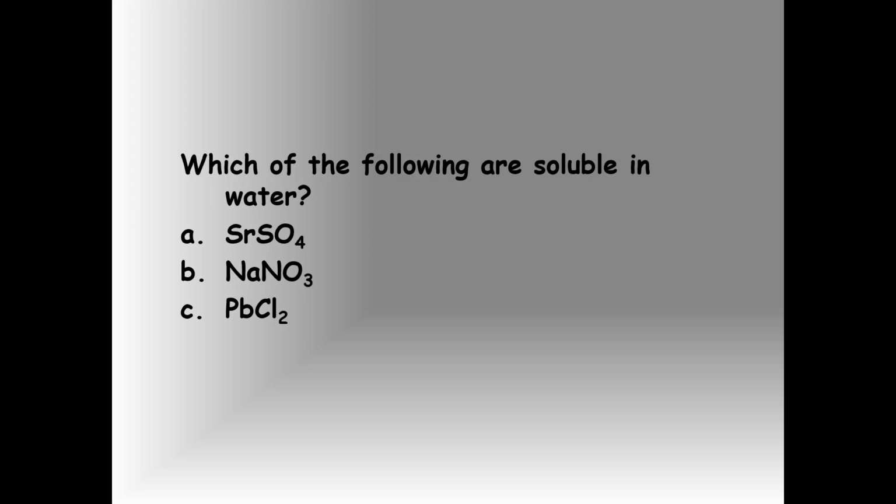Number 4 tells you that all chlorides are soluble except with lead. So this is lead chloride, so this follows the exception and would be not soluble. Did everyone see that? Not soluble, soluble, and not soluble.